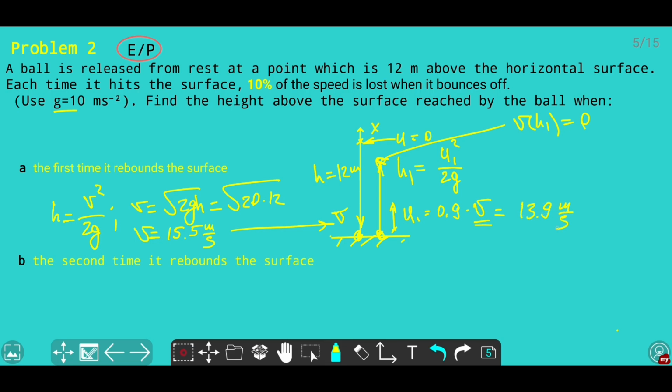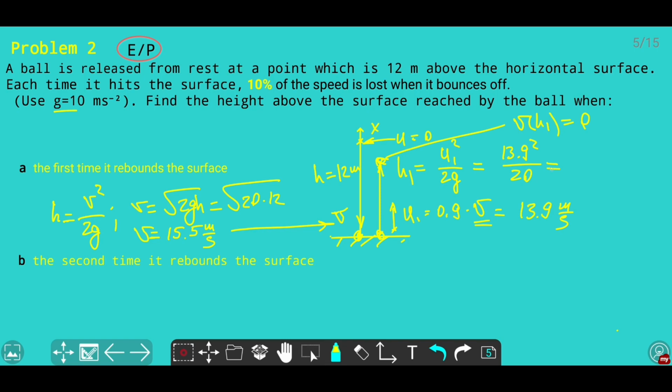So from here we can calculate the height h1, which is u1 squared over 2g. So it's going to be 13.9 squared over 20. And right now we can calculate this with no doubt. All right, so we just square it and divide by 20.